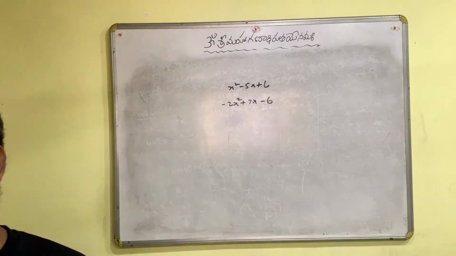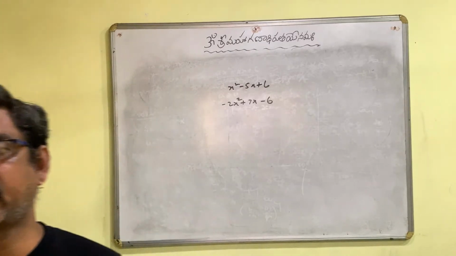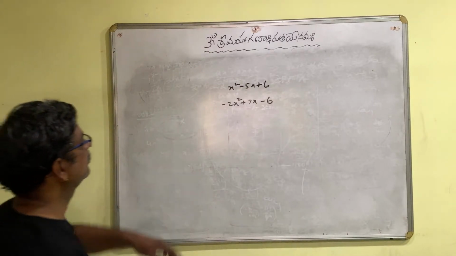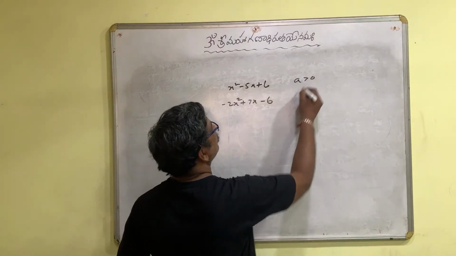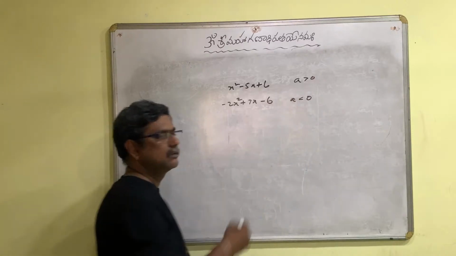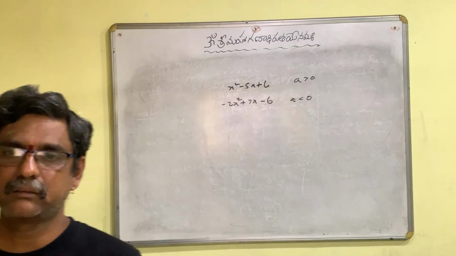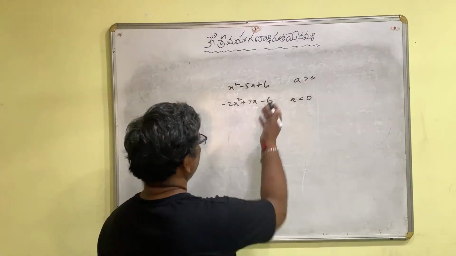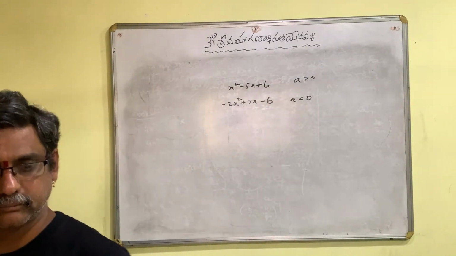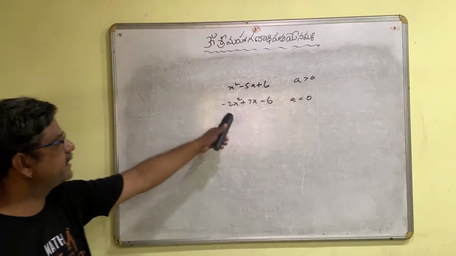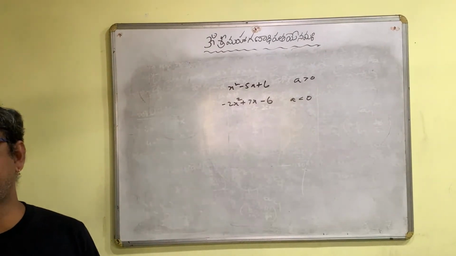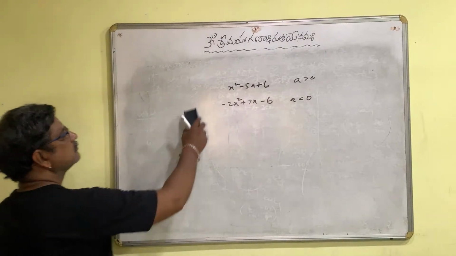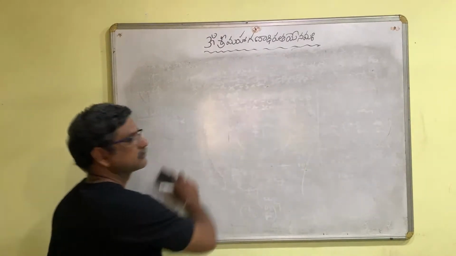If you want to observe the graphs of these polynomials, see here a greater than 0, here a less than 0. Note down these two polynomials and try to observe their graphs. Next question.